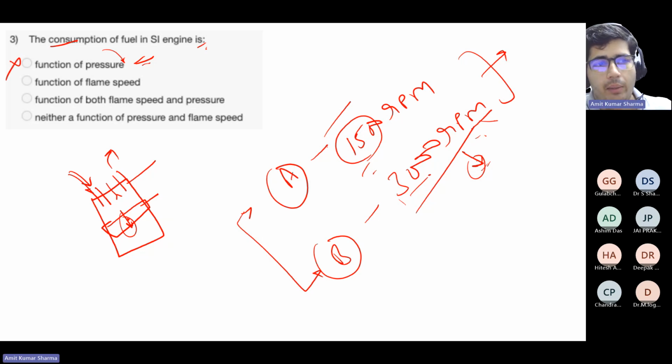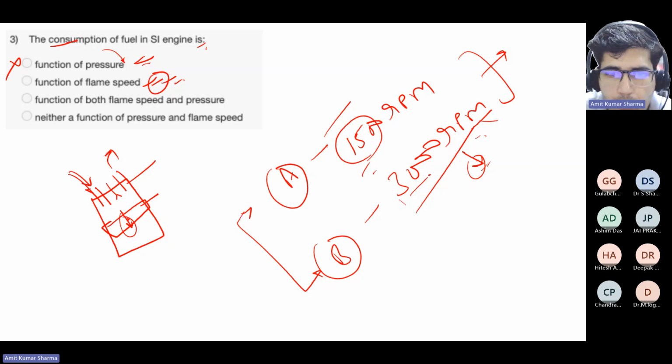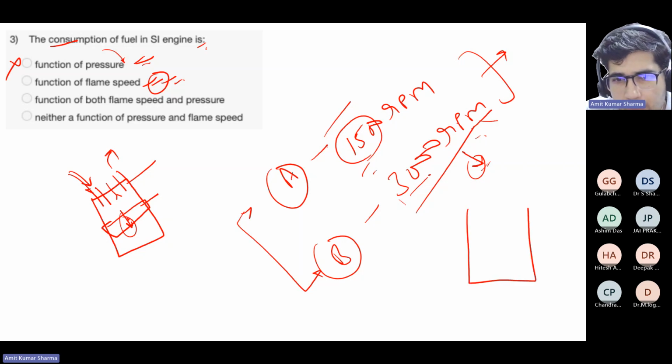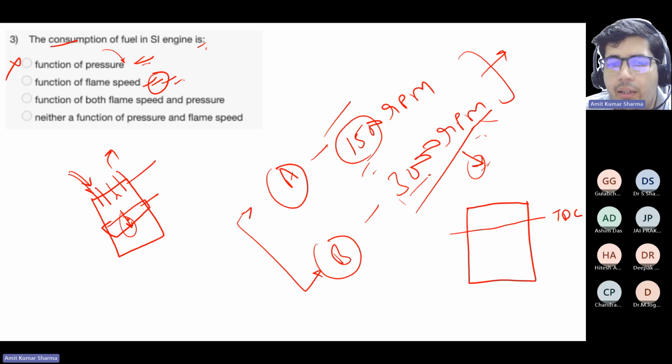Now the function of flame speed. What does flame speed mean? Propagation of flame from the spark point, how quickly it will burn the mixture inside the cylinder. Yes, very good. So suppose this is my cylinder, and this is the topmost corner, the TDC, and here is your spark plug.